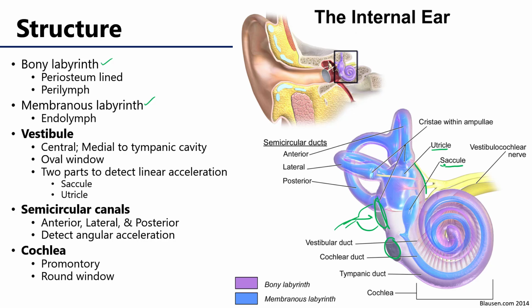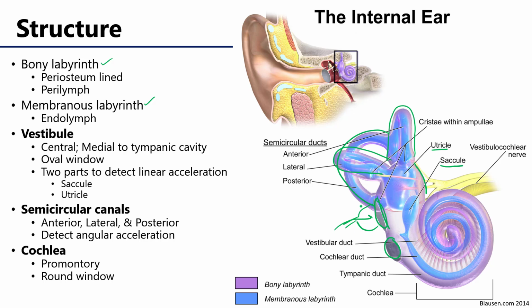Coming off of the vestibule are three semicircular ducts, which are at 90 degrees to one another. There is an anterior semicircular duct, a lateral semicircular duct, and a posterior semicircular duct, so that one may detect angular acceleration in any of the three dimensions.